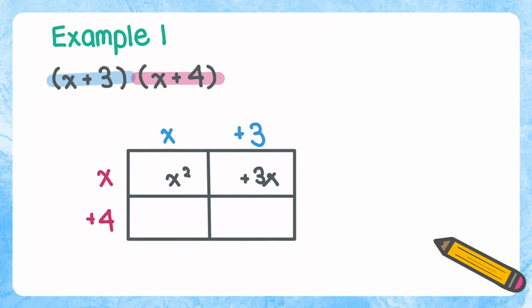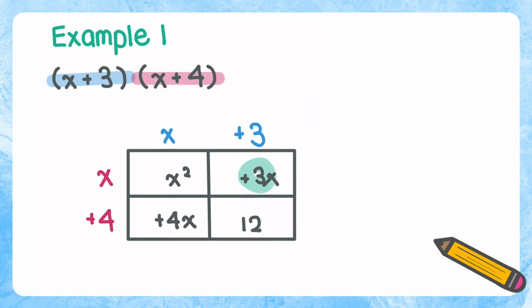Then we come down here. The x times the positive 4 is positive 4x. And then this last mini box, positive 3 times positive 4 is positive 12.